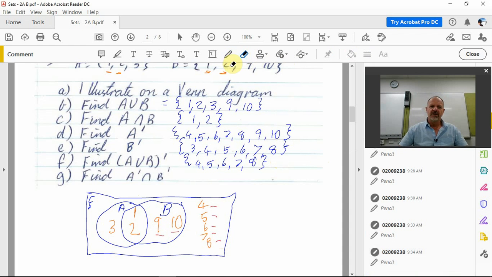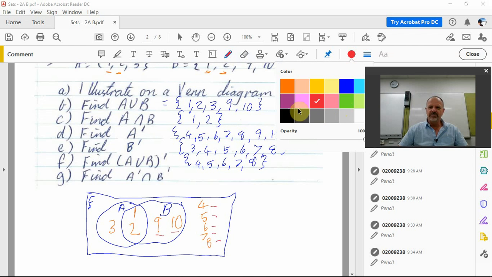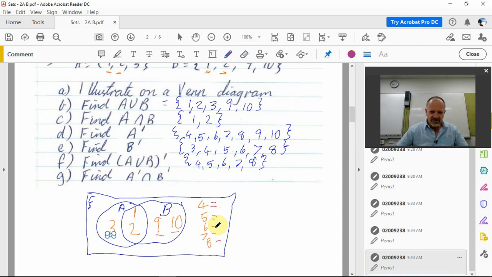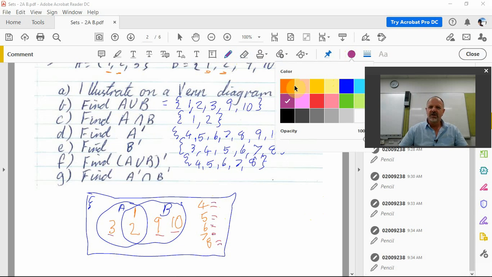All right. Then everything that's not in B is these numbers. Then what it's asking for is the intersection of those.